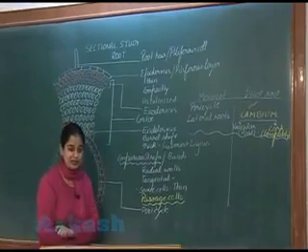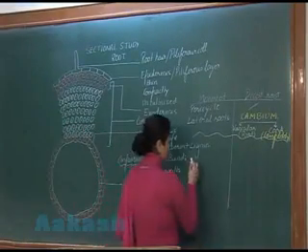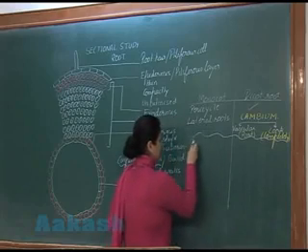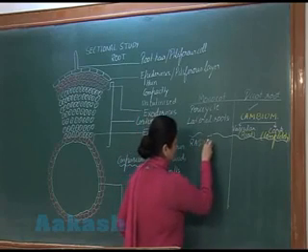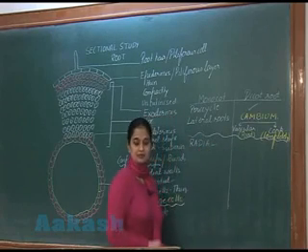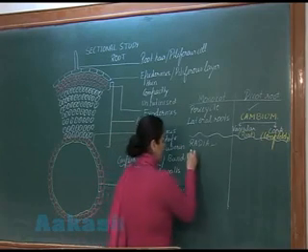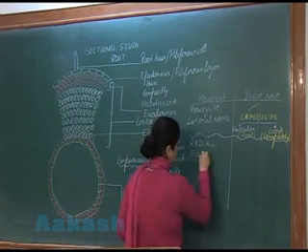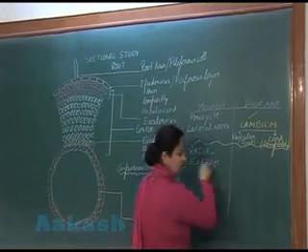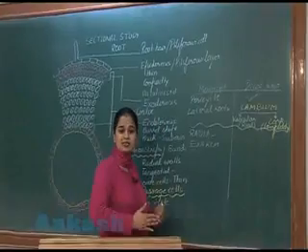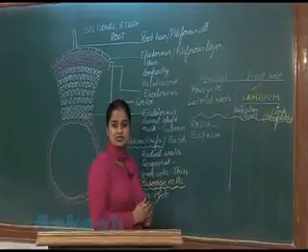Are you getting this? There is presence of radial vascular bundle, xylem bundle alag, phloem bundle alag. Along with that, there is presence of exarch condition. Exarch condition, that is the protoxylem that is present towards the outer side.